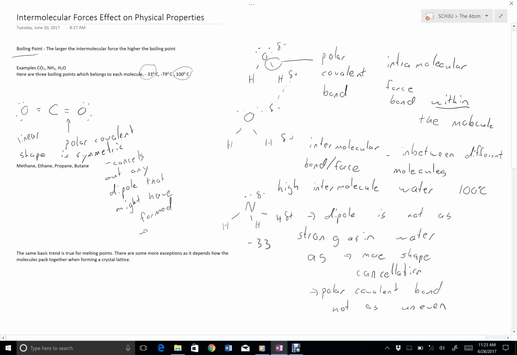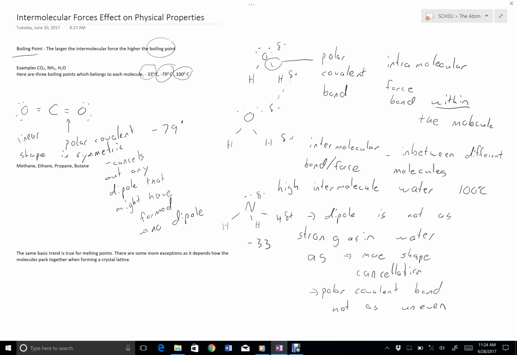So here we have no dipole, and so we have a very low boiling point at minus 79 degrees. So that's how intermolecular force is related to boiling point. The higher the force, the higher the temperature before those molecules can get ripped apart into a gas.